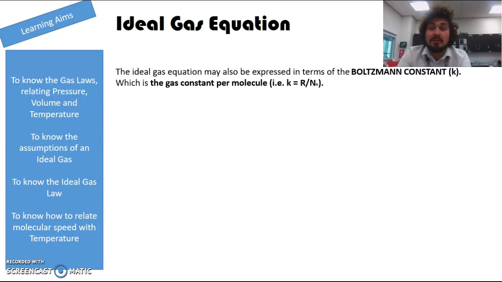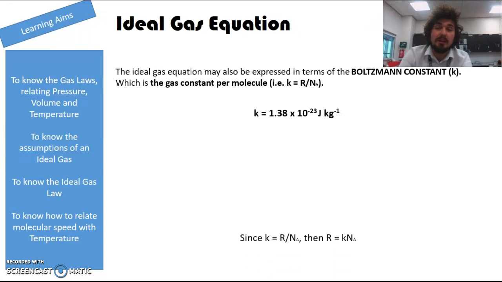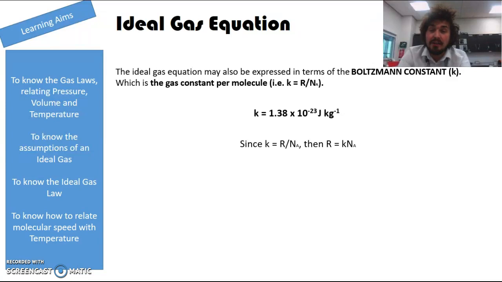So the ideal gas equation can also be expressed in terms of the Boltzmann constant, which is the gas constant per molecule. So k equals R over Na, and k, the Boltzmann constant, has the value 1.38 times 10 to the minus 23 joules per kelvin. And since k equals R over Na, then R equals k Na. And we can do some rearranging now.